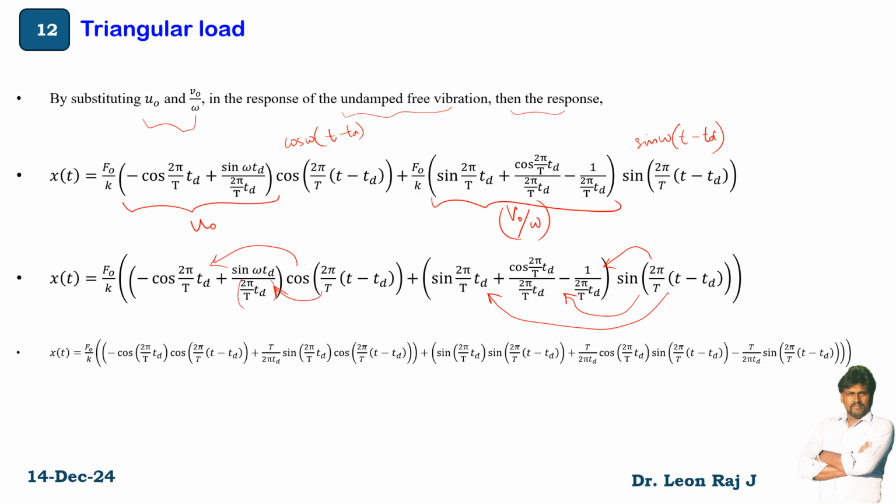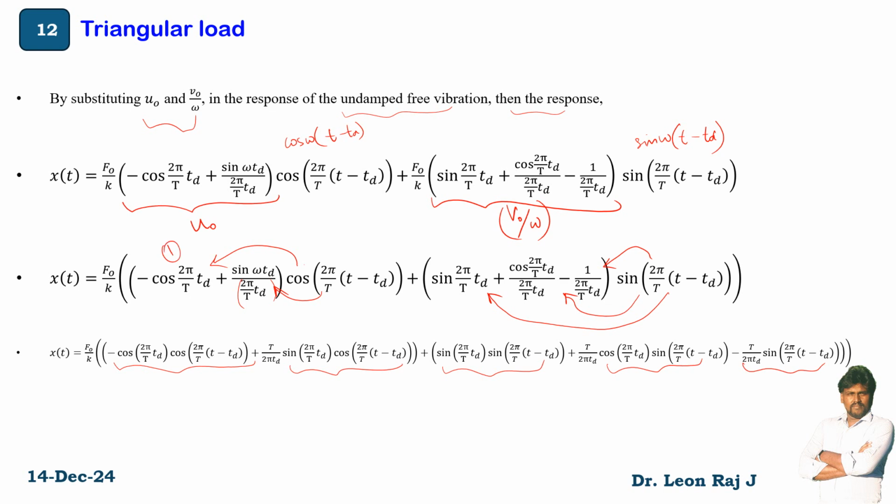This is the cos term and the cos term is multiplied, and the sine term and cos term is further multiplied, and the sine term and sine term is multiplied, the cos term and sine term is multiplied, and this is a constant, and the sine term is multiplied. So here you have three terms.